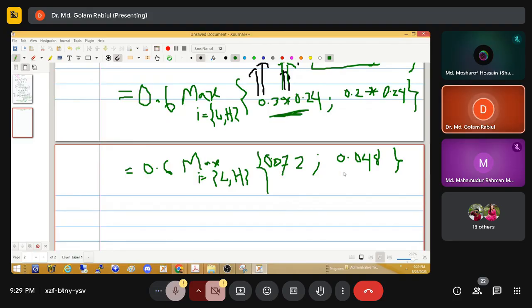So 0.072 and 0.048. Between these two, which one is maximum? We can see that this one is maximum.